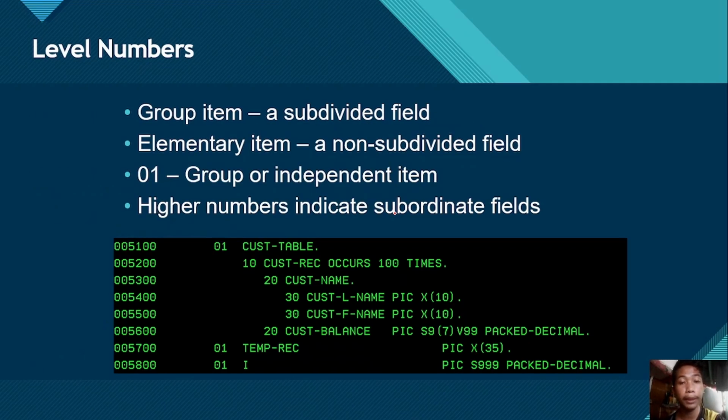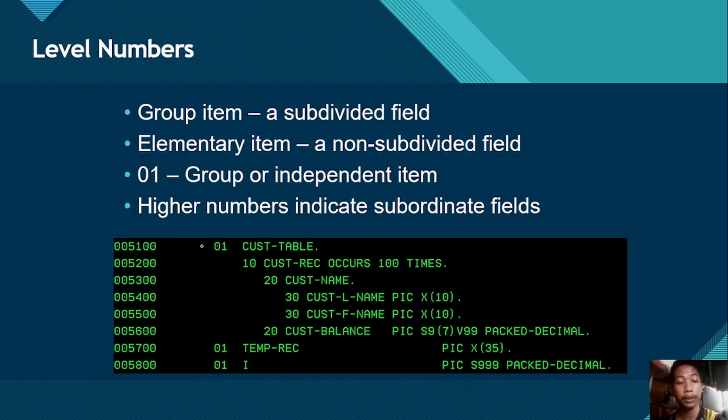So the group item is a subdivided field. The elementary item is a non-subdivided item, a field. 01 is a group or independent item. You can also use 77. Higher numbers indicate subordinate fields.